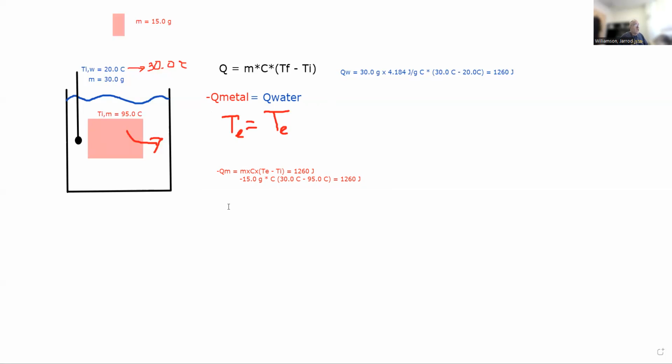So when I rearrange my math, I'm going to have the heat capacity of my metal. The heat capacity of the metal is going to be 1260 joules over negative 15 grams.